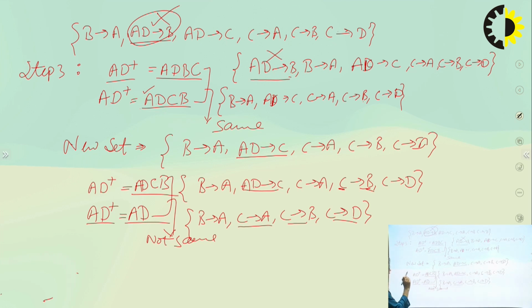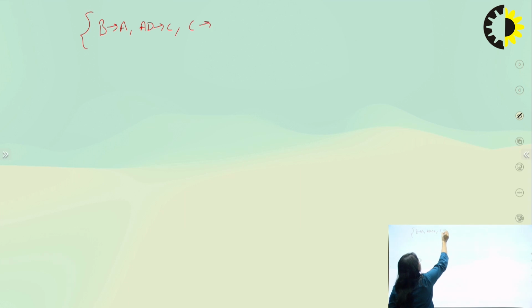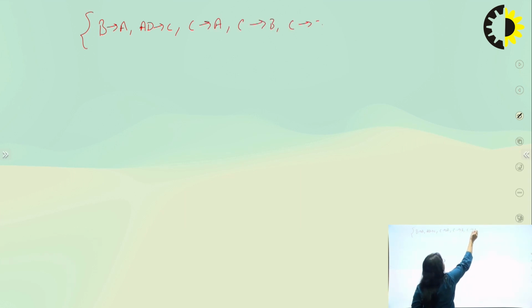Okay. So now, the new functional dependency set we have, we need to write on the next slide, I think. So, okay. We'll have B tends to A, AD tends to C. We found it important in the last step, right? And the other one, A, B, and D. Okay.